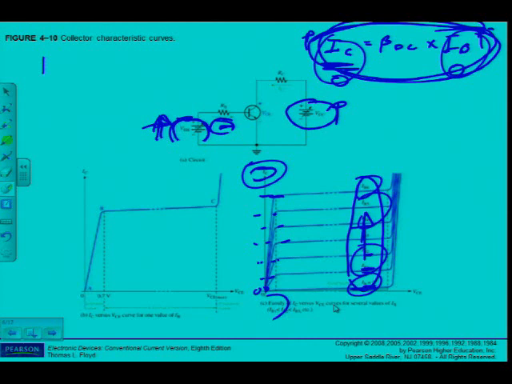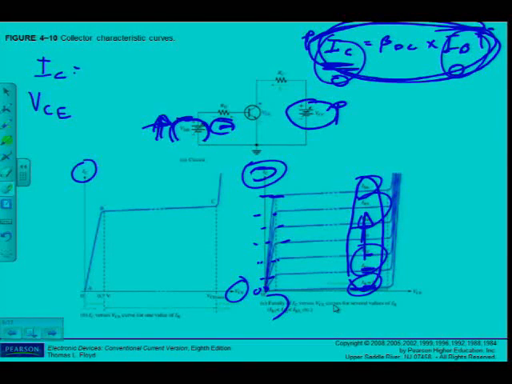The parameters are IC and VCE. That's what my curve is about, IC against VCE. So when I'm talking cutoff, what is the value of IC? According to my formula, IB equal to 0, beta times 0 is going to be 0, so IC is also going to be 0 amps.